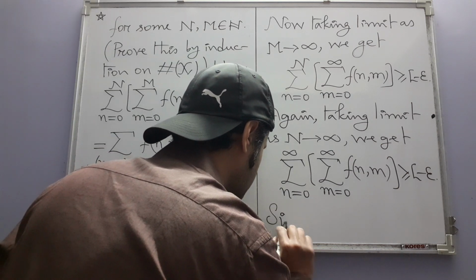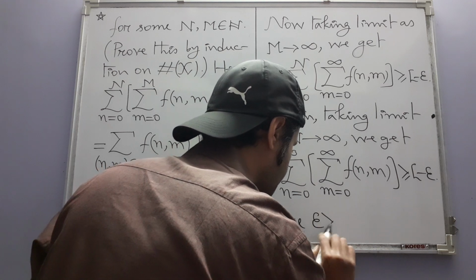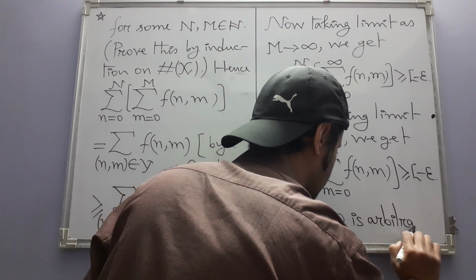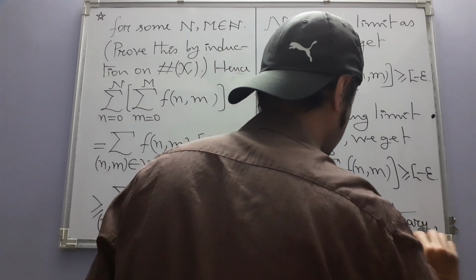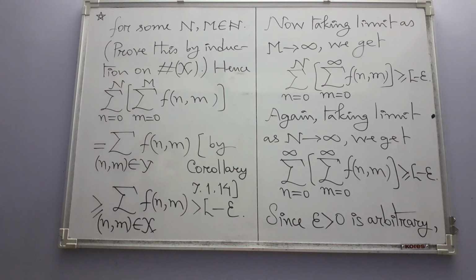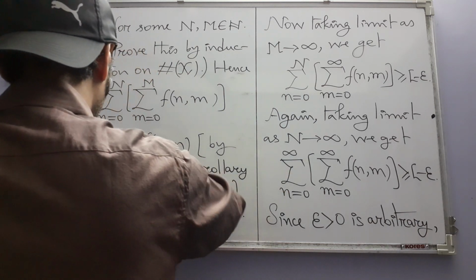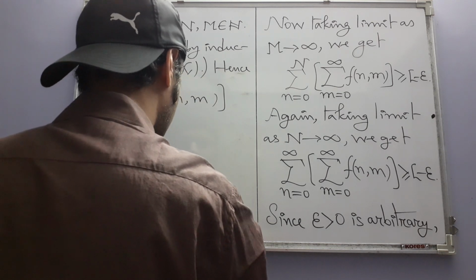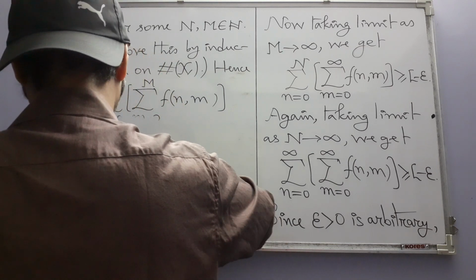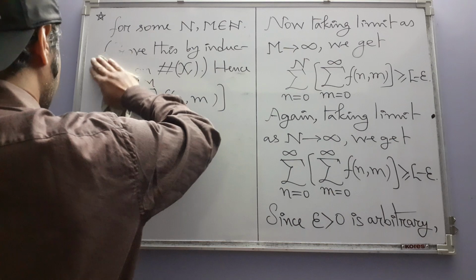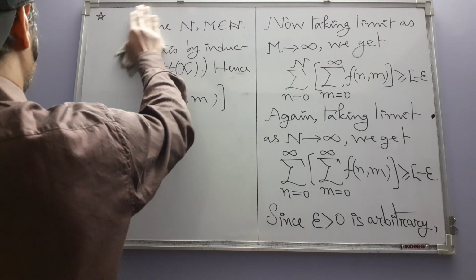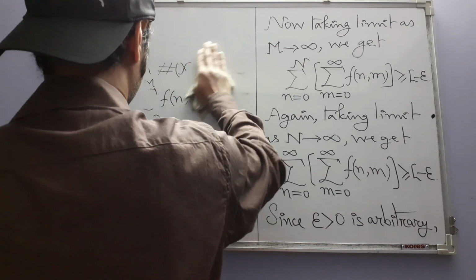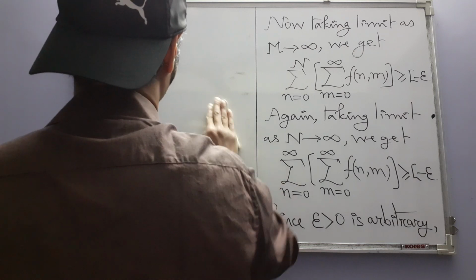So we write next, since epsilon greater than 0 is arbitrary, this proves that this double series, or series of series, should itself be greater than or equal to L, because if it is strictly less than L, then you will get a contradiction, and such a situation has already occurred before, so I am not going into the details of how one gets the contradiction.